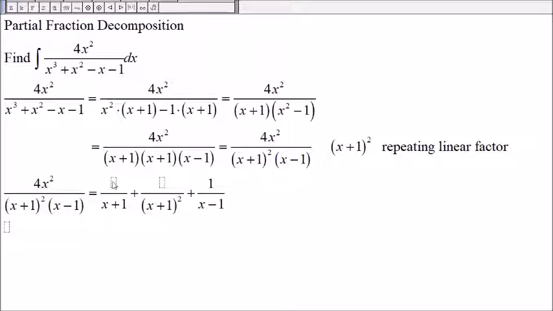And because this is a linear factor, then we only need the constant a. And this is also a linear factor, so we need a constant b. And then the x minus 1 is also a linear factor, so we need a constant c.